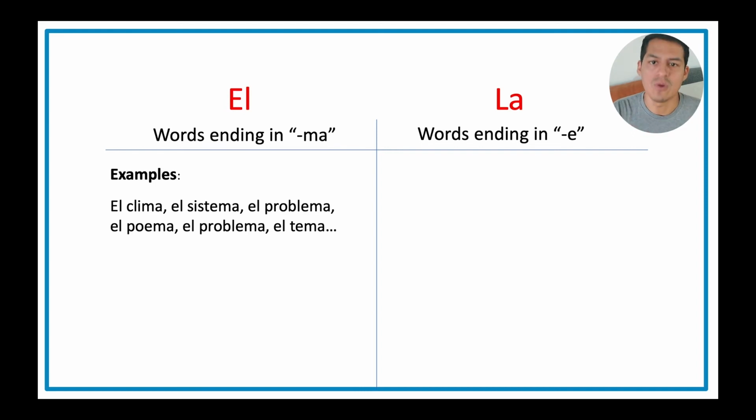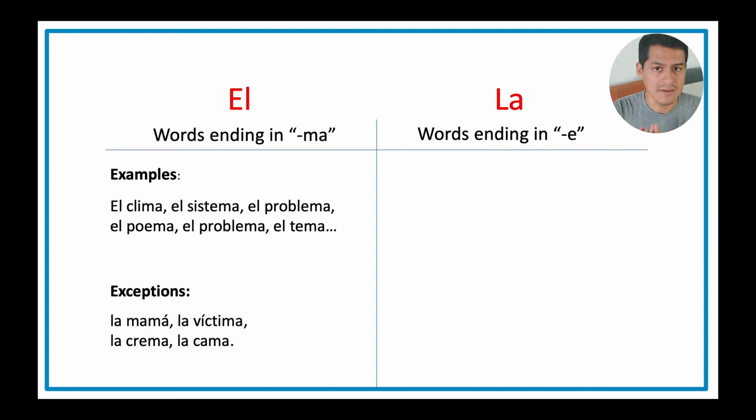Let's look at the most common exceptions here. These words end in ma, but they will be feminine. We will not say el mamá, it's feminine, so we say la mamá, la víctima, la crema, la cama.